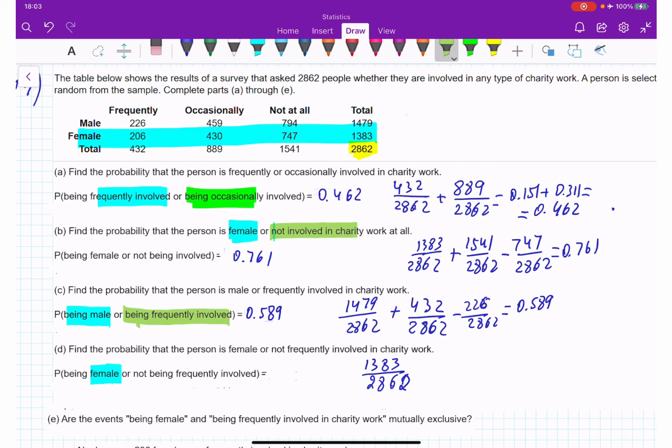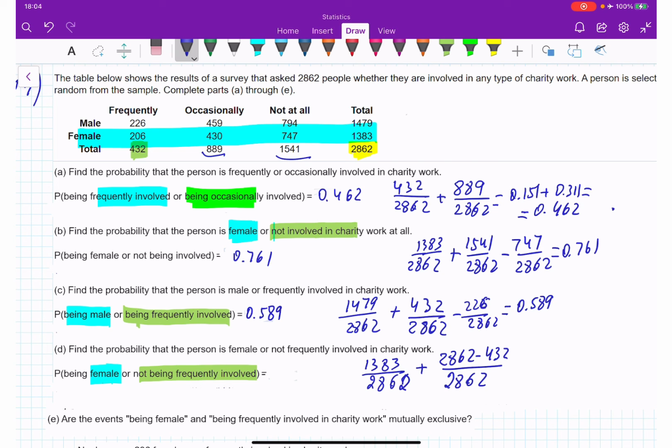And then not being frequently involved. So frequently involved is 432 total. Not being frequently involved, I'm going to do plus 2862 minus 432, or I can do 889 plus 1541, doesn't matter, over 2862.